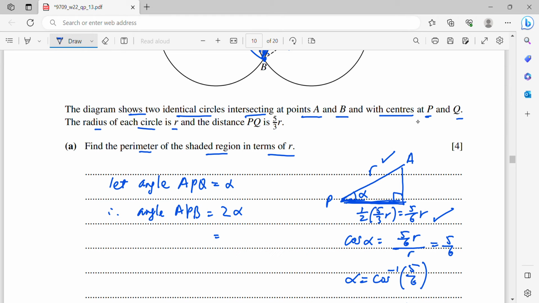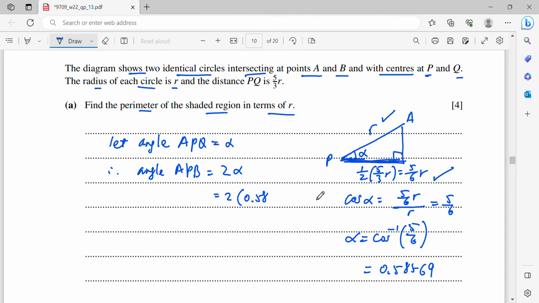So 2 times 0.58569. Here you may get 1.17138 radians.